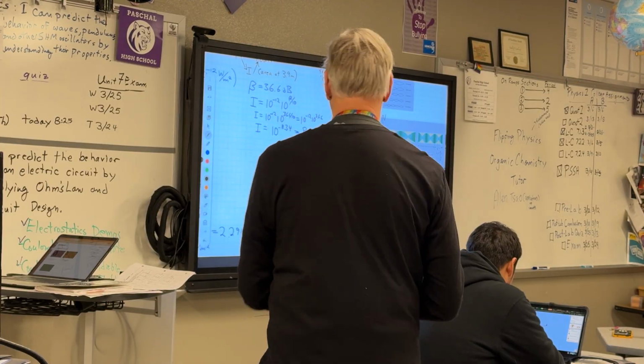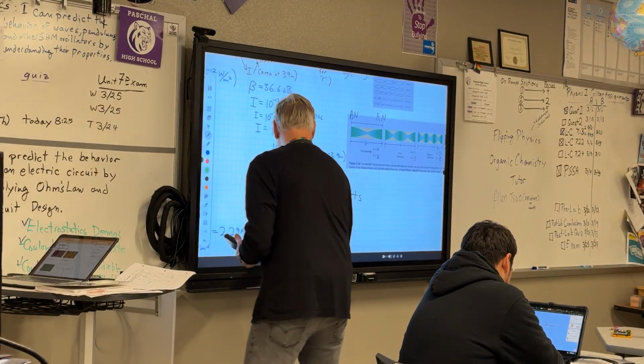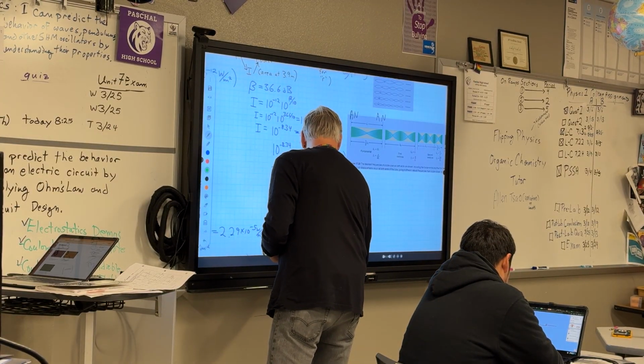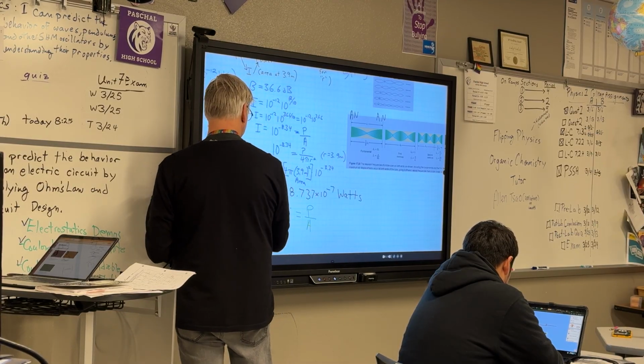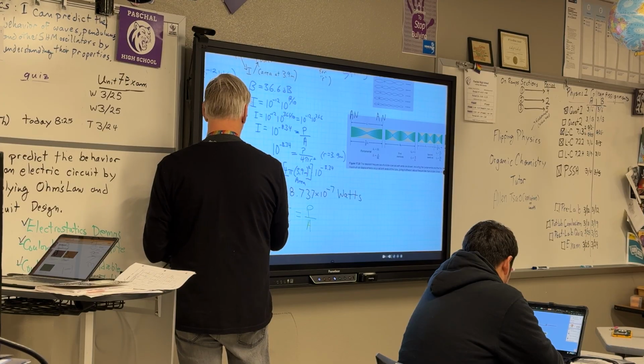That's an important number for me to know what the power is. I can use the power to calculate intensity if I know area. Intensity equals power over area. Or if I know what the intensity is, I could use this to calculate the area.